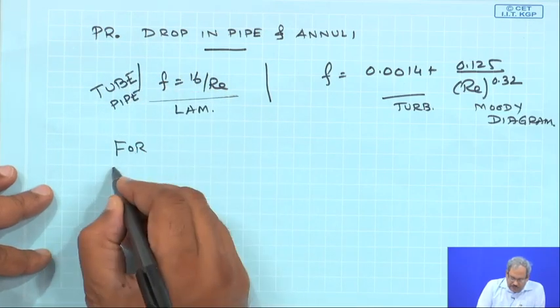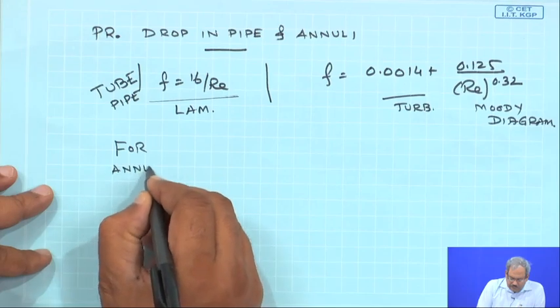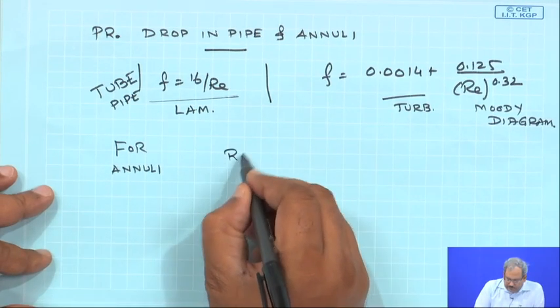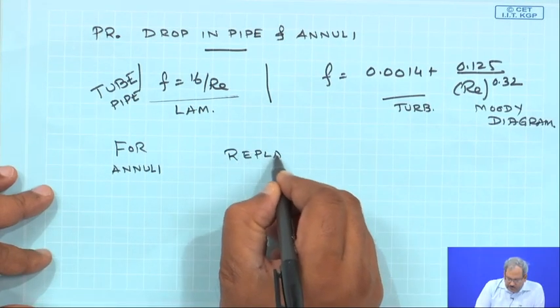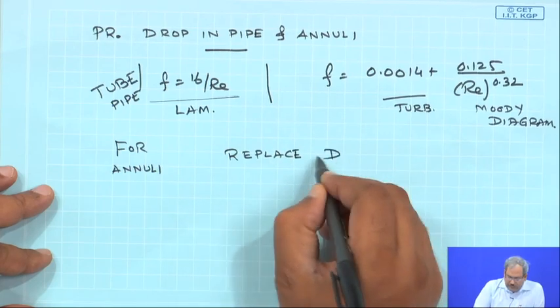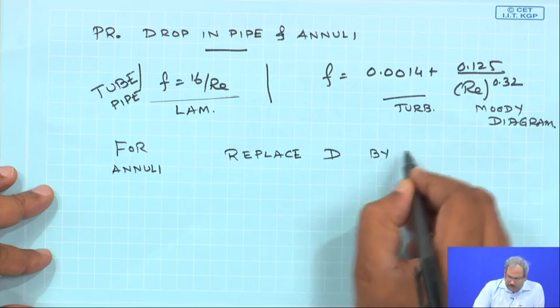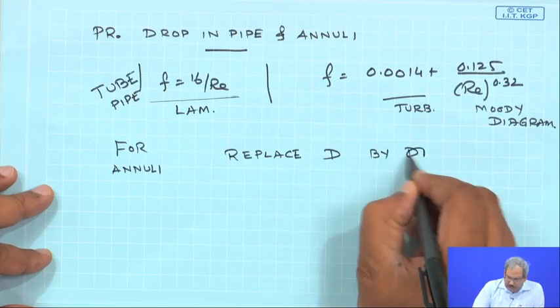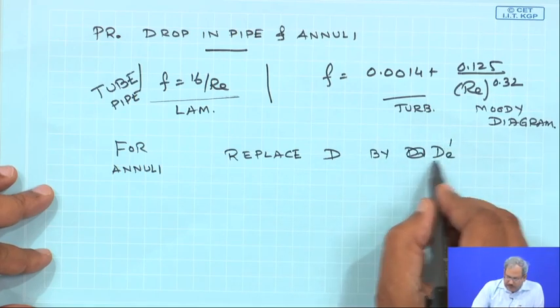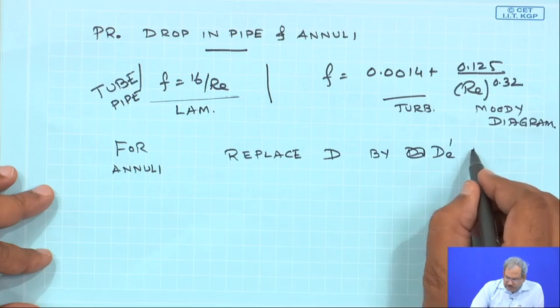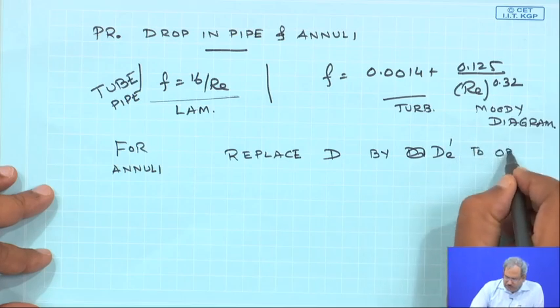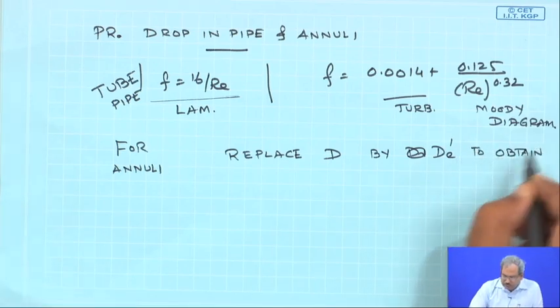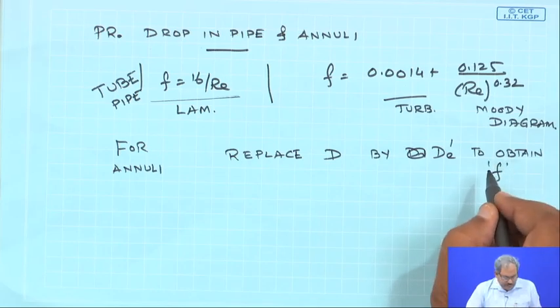For annuli, replace d by d e prime, that is the effective diameter, to obtain the friction factor f.